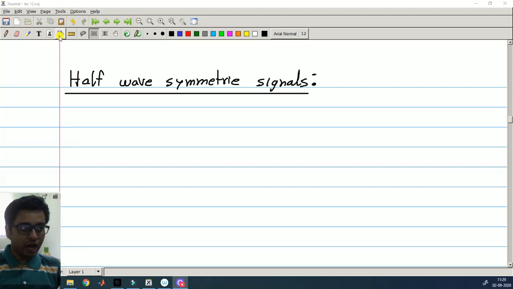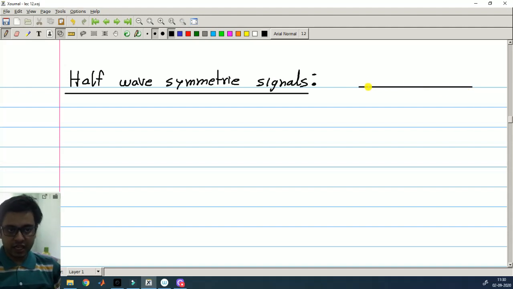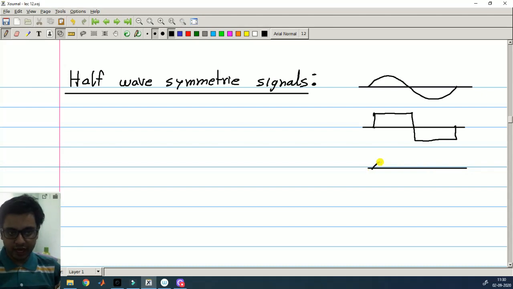Now consider half wave symmetric signals. For example, a sine or cosine signal for which this positive half and the negative half are symmetric, negative of each other, like this, or maybe a square wave for which the positive and negative halves are symmetric, or maybe a wave like this where the negative half is just the negative of the positive half.